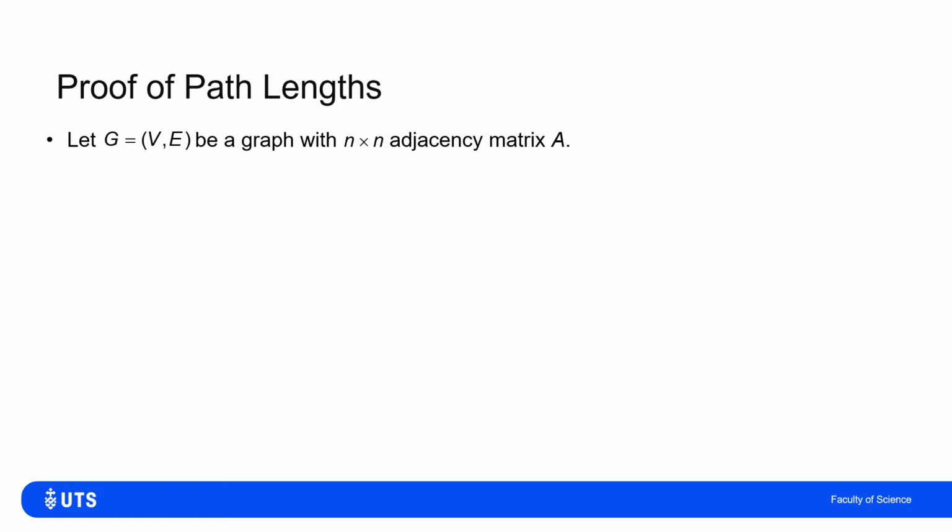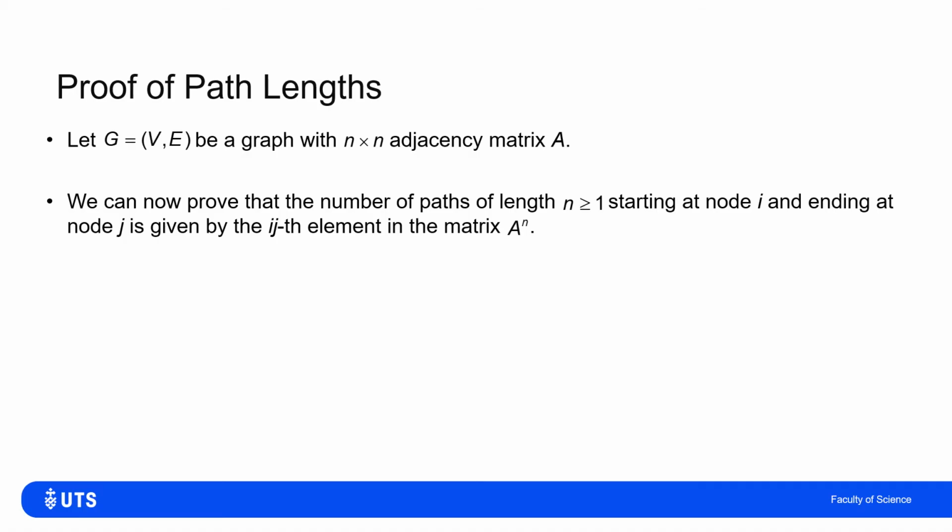If we take a graph and consider its adjacency matrix, I want to show that the number of paths of length n, starting at node i and ending at node j, is given by the ijth element of the matrix A to the power n.